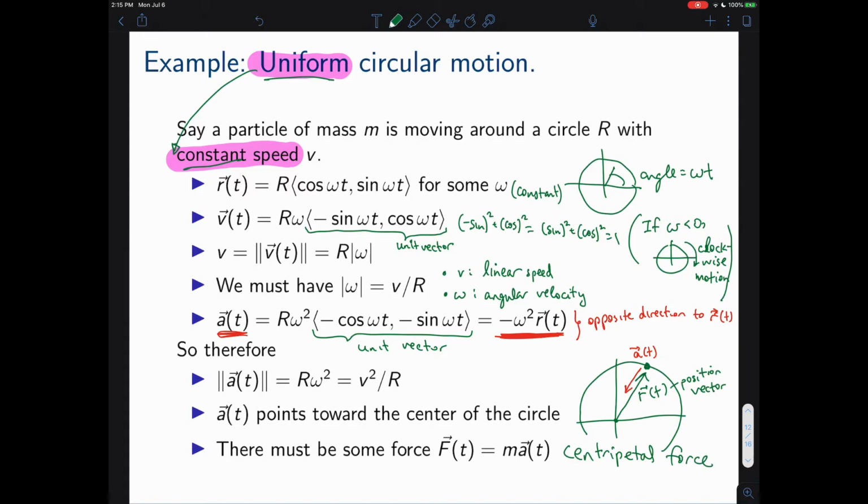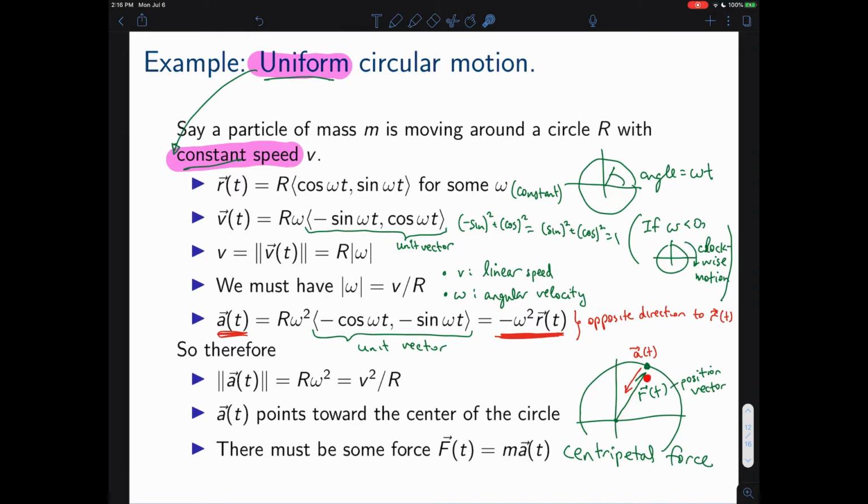Centripetal force. And there isn't just one specific centripetal force. It could be anything. There could be a rope tied to the middle and tied to the object and swinging around, and the rope could be pulling, or it could be gravity, or it could be an electric force between charged particles, or it could be magnetic or whatever.